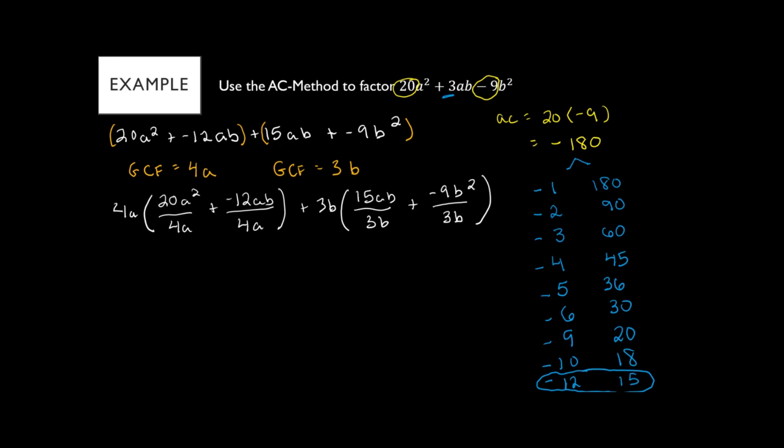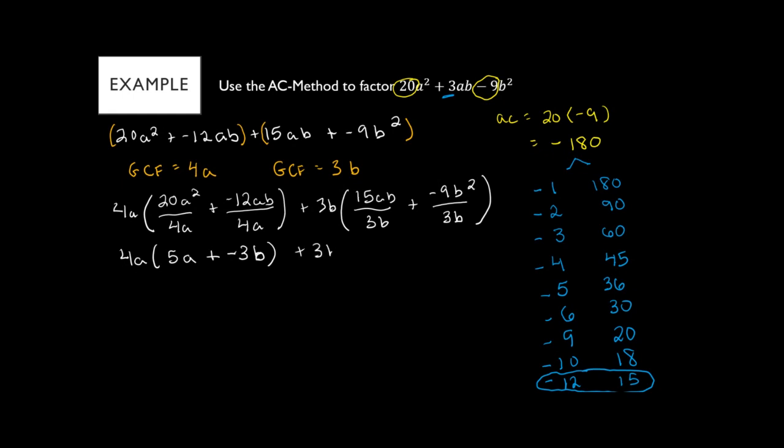And this is why you had to learn those rules of exponents. So we have 4a, 20 divided by 4 is 5, A cancels, so I'm left with an A. Then plus negative 12 divided by 4 is negative 3. And then the A's cancel, so I'm left with a B. So you want to be very careful there.